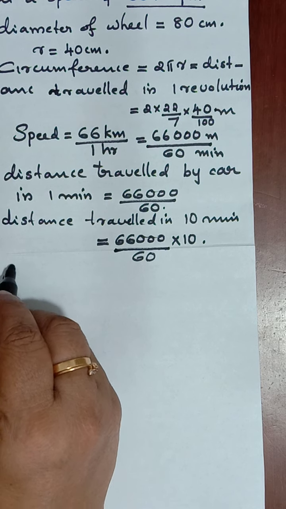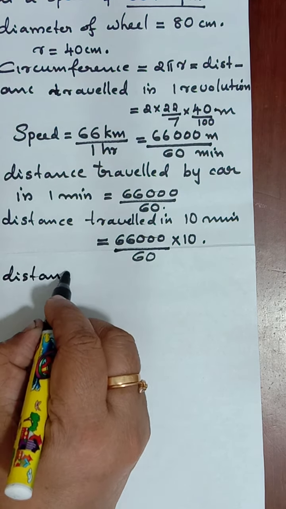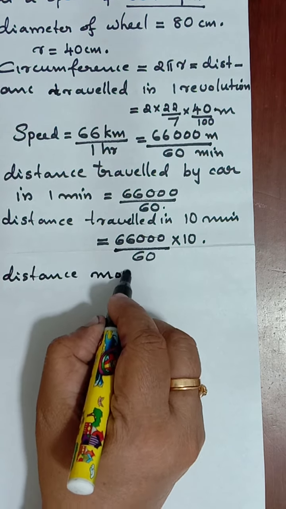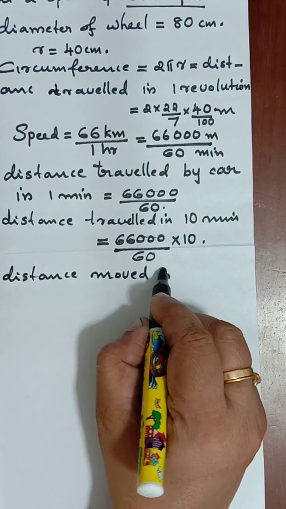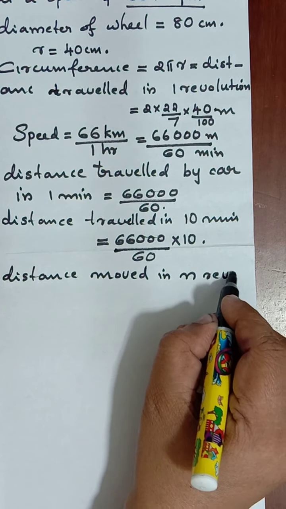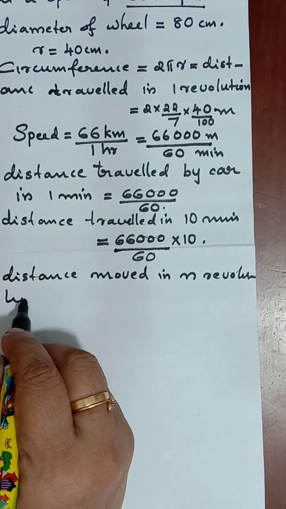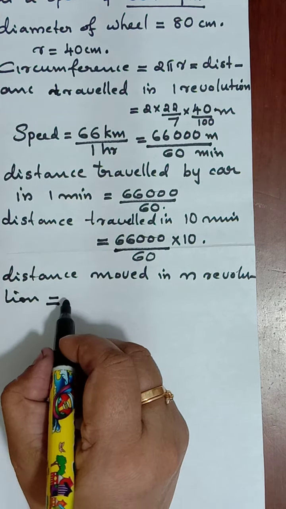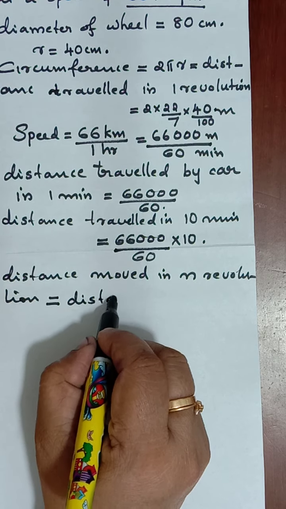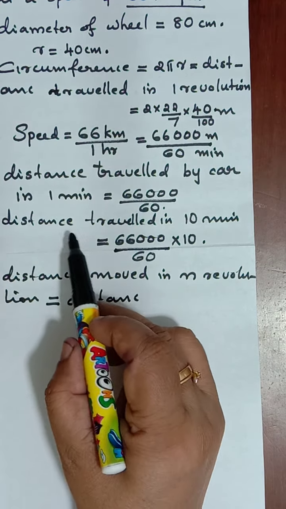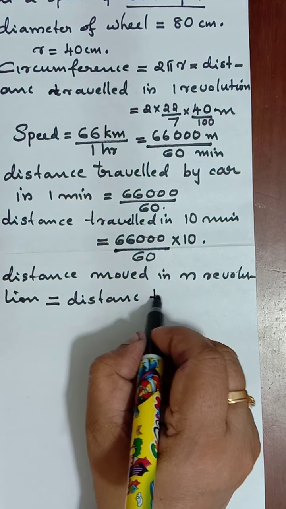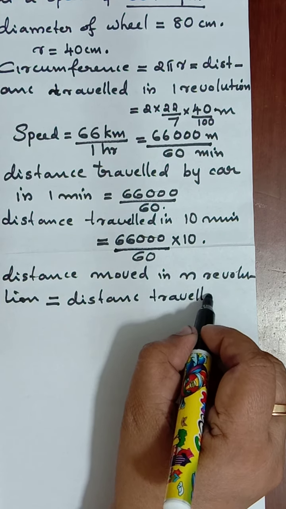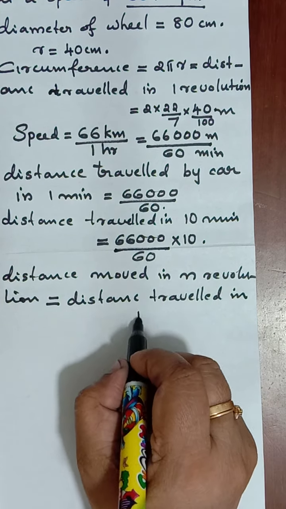Therefore, distance moved in n revolutions will be equal to distance traveled in 10 minutes. So n revolutions it takes to move the distance in 10 minutes.